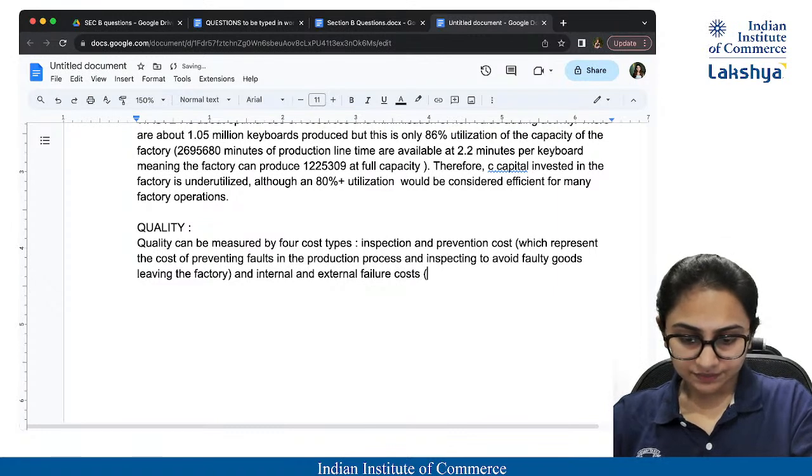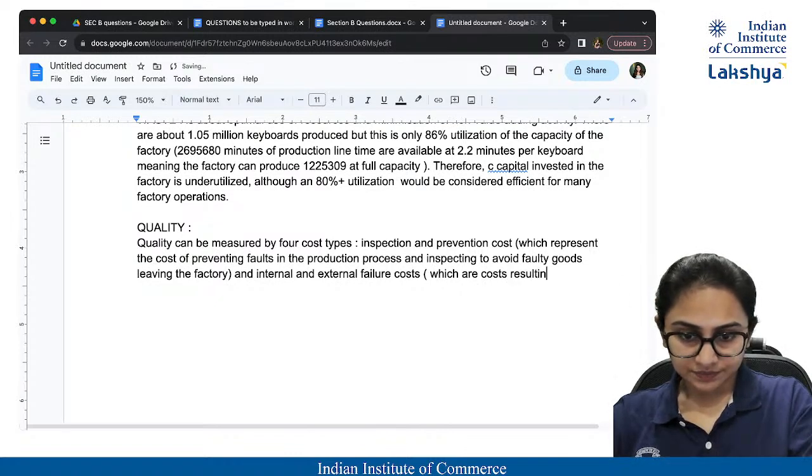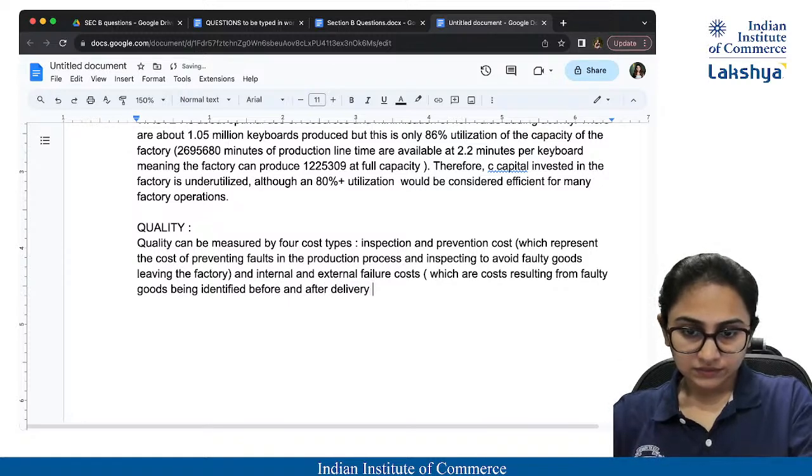That is, which are costs resulting from faulty goods being identified before and after delivery to the customers. Okay.